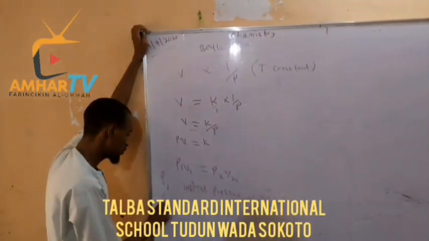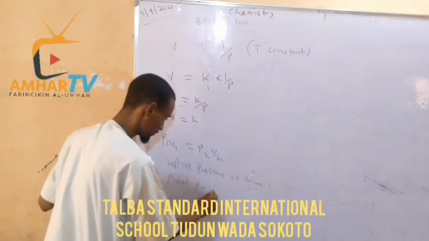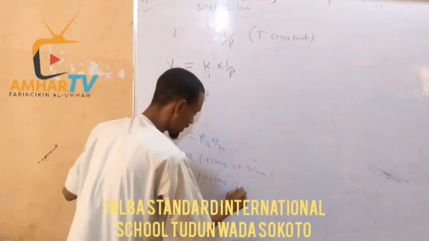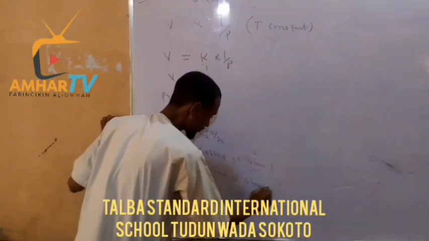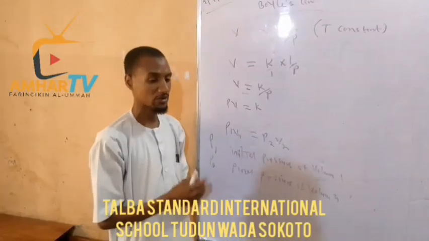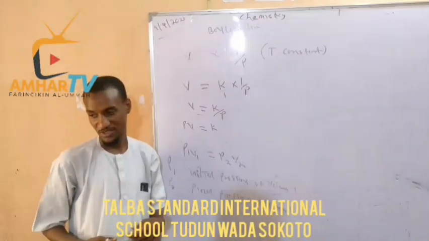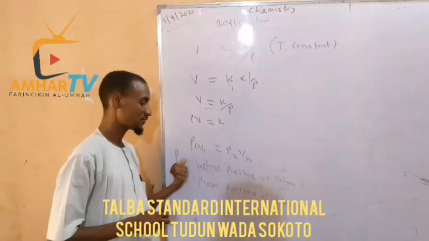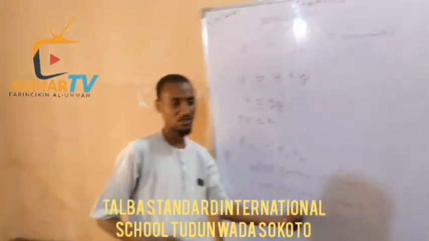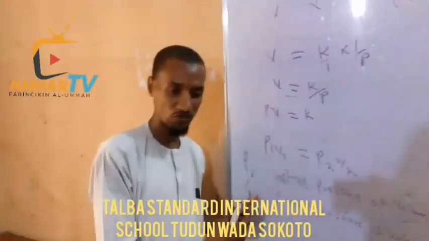And P2 is final pressure at volume 2. So in that case, pressure and volume can change. Whenever pressure changes, the volume is also expected to change. So whenever the initial pressure changes, we expect the final volume to change. Or whenever the final volume changes, then the initial pressure can change.